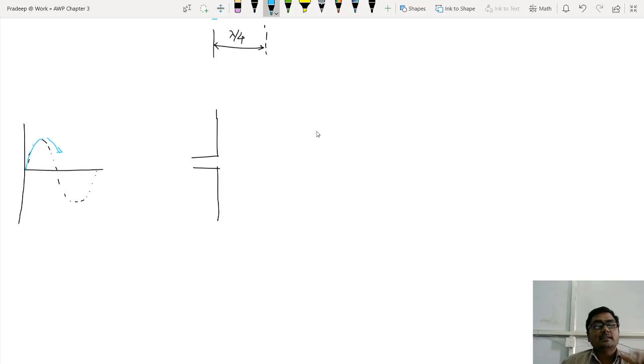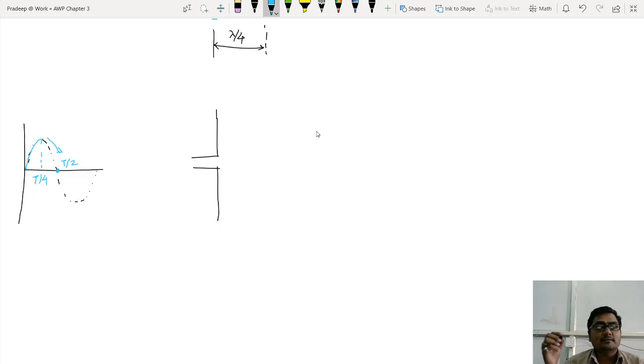The poles will get reversed. The electric field direction will get reversed, because during the period 0 to T by 4, it is increasing signal. Now from T by 4 to T by 2, from this point I am talking about, what will happen? Input is decreasing.